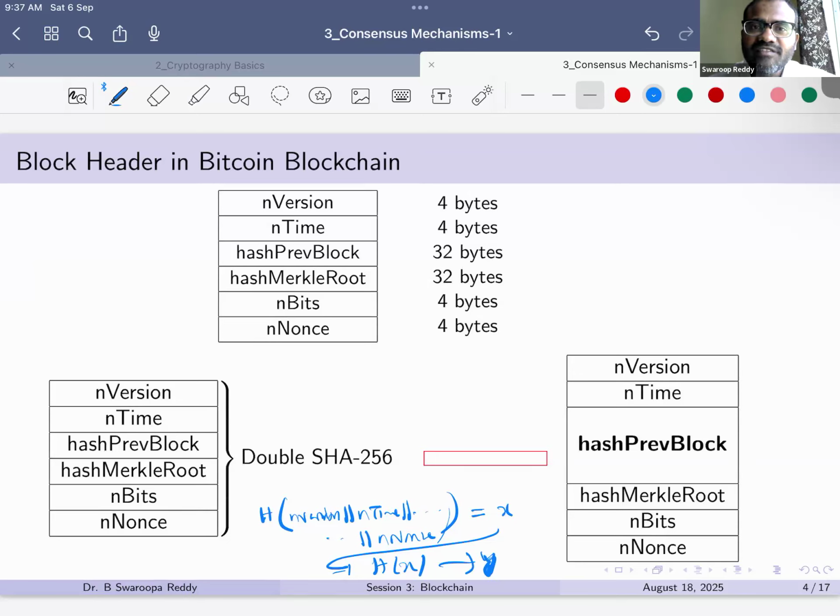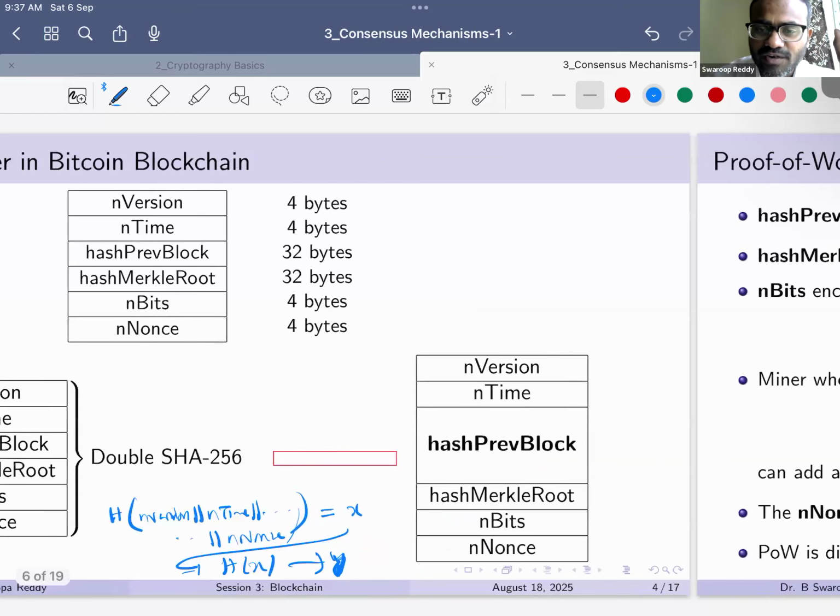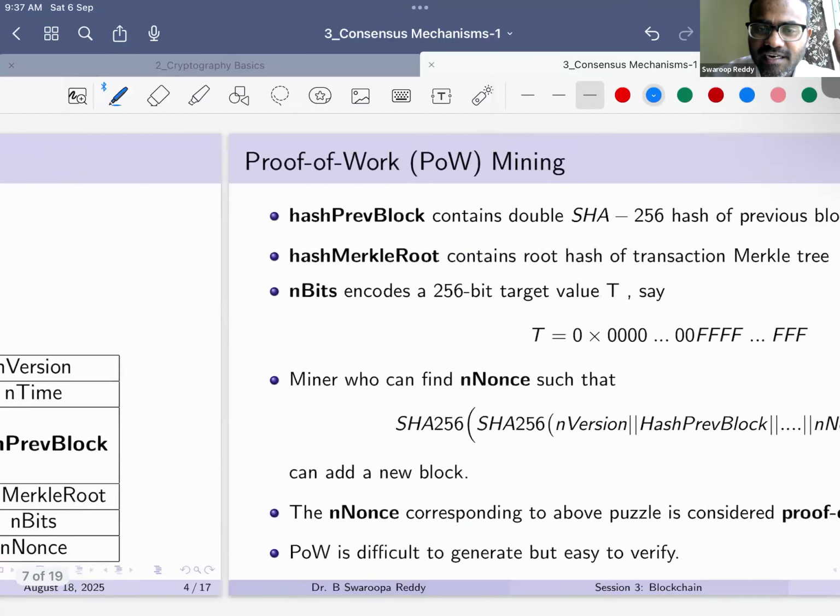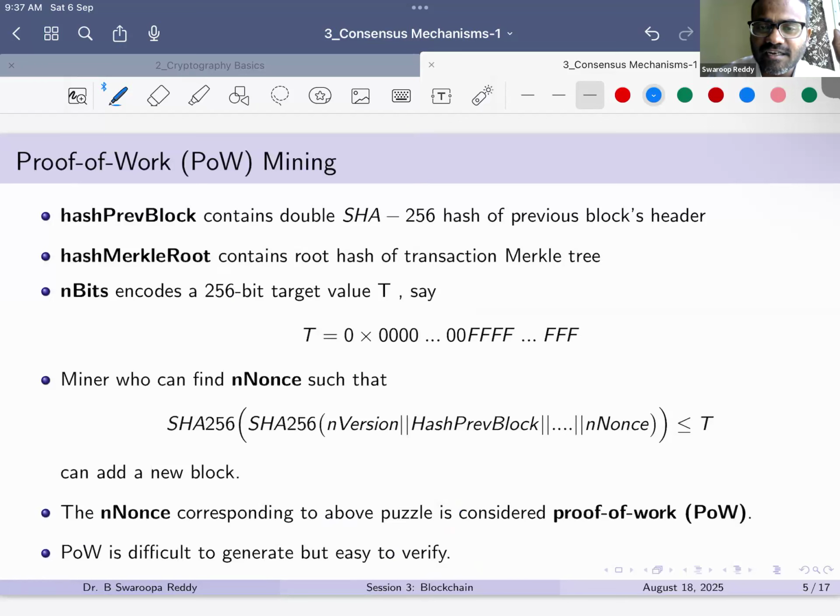So for example, I take some random n nonce value, include it, and broadcast the block. I send the block to the network saying, I have this n nonce value, please accept my block. But they will not accept, because to accept, it needs to satisfy this condition. So they will verify it again.